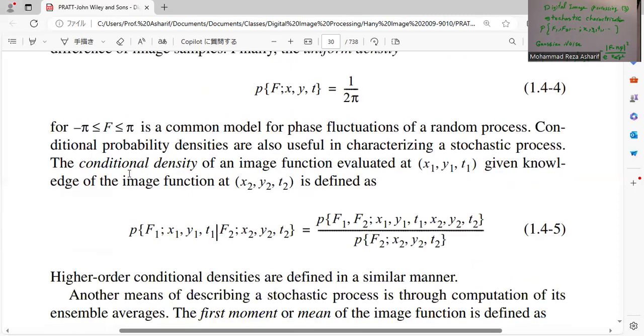And conditional probability density are also useful for characterization of the stochastic process.